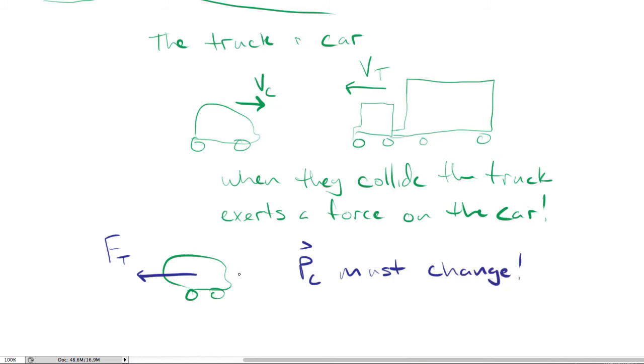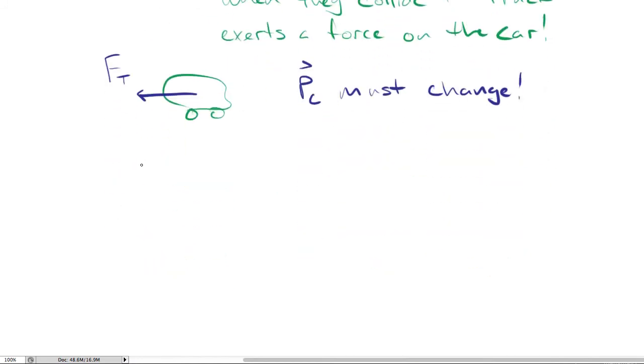The force of the truck acting on the car, that's an external force. It's just a normal push or pull like we've been dealing with all along. All right? There's nothing balancing that force. Its momentum must change. And as you would expect, in fact, the velocity of the car is going to change. If you've been in an accident or seen one or have been alive for longer than a year, you know that the velocity of the car is going to change.